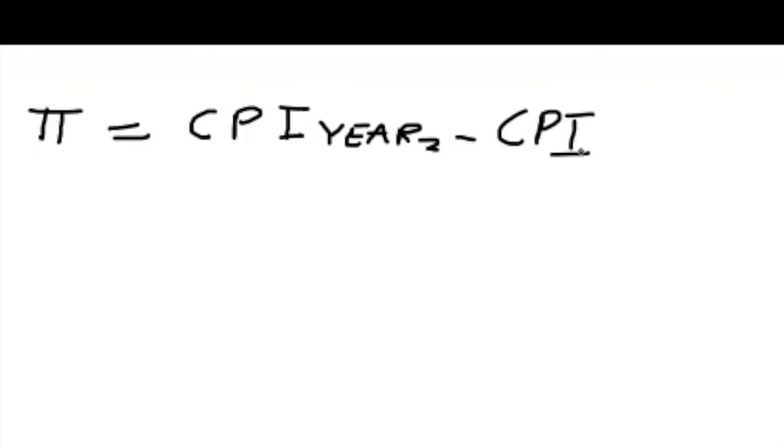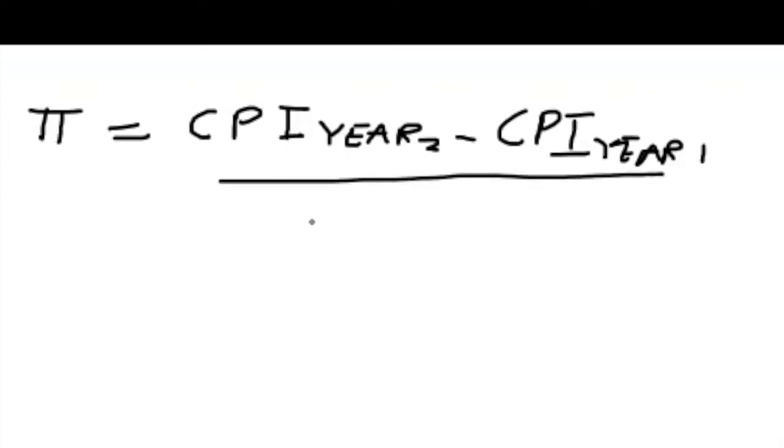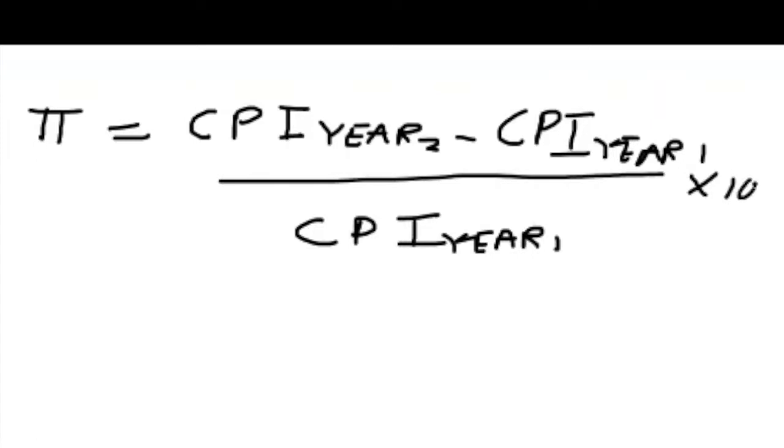It is the CPI, which we have worked out in between 2 years. So we'll start off here with year 2. So CPI in year 2 minus the CPI in year 1. And that's all divided by the CPI in year 1, and again multiplied by 100.